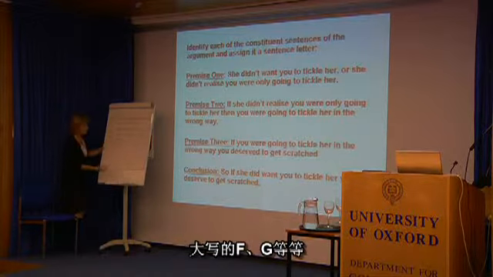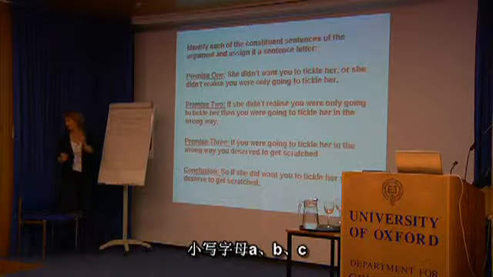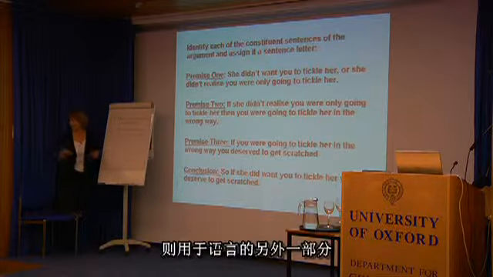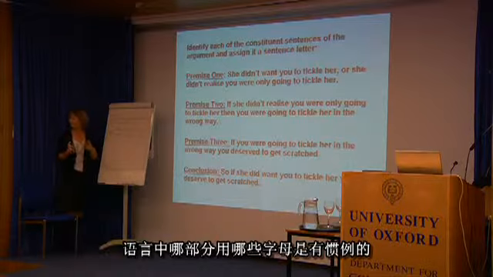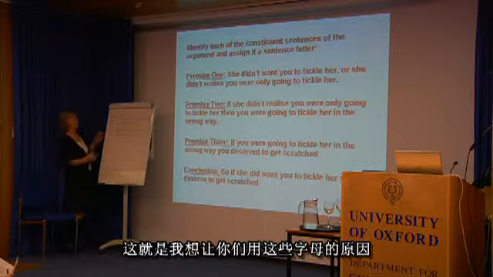If we use capital letters like F, G, etc., we tend to use them for other parts of the language. And if we use lowercase letters like A, B, C, that's for another part of language. So there are conventions about which part of language you use for which sentence letters. So that's why I want you to use letters from here.